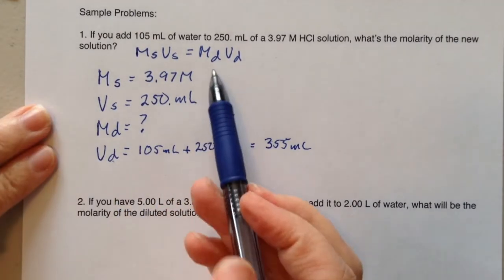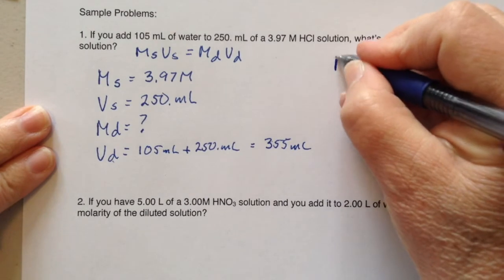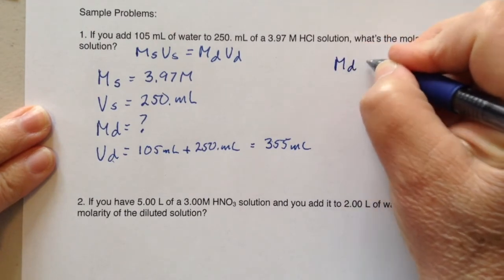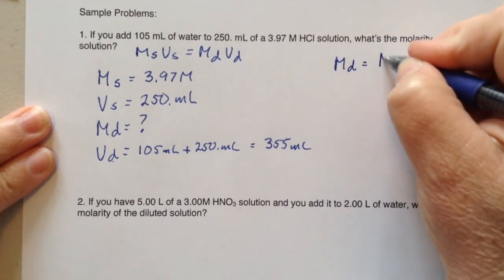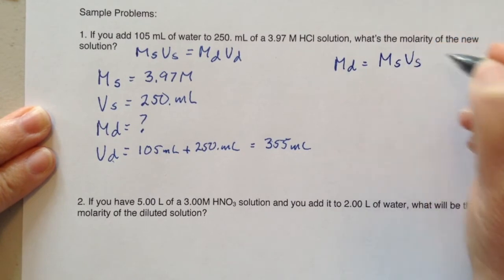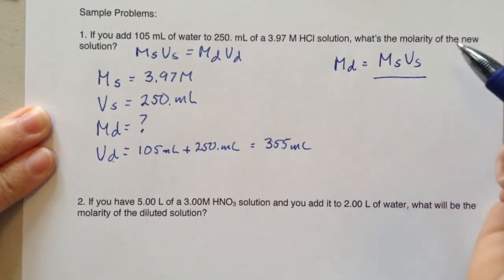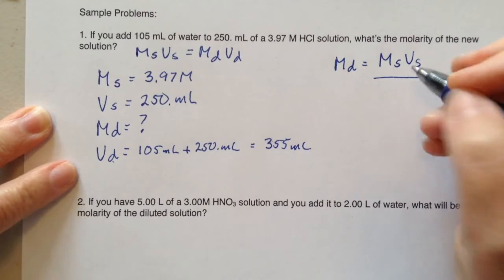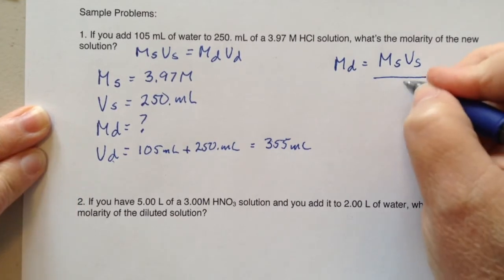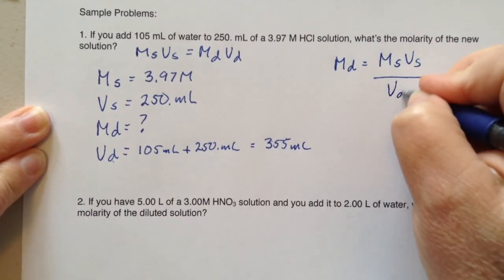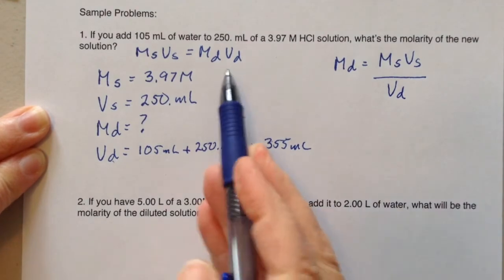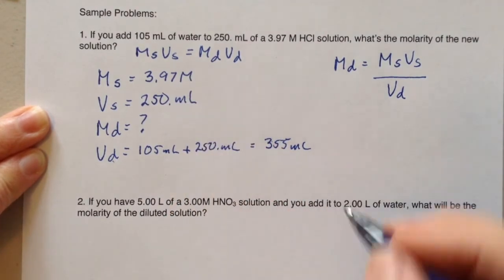So I'm going to rearrange this a little bit just because I think it makes it easier. The molarity of the diluted is going to equal MSVS divided by the volume of the new stuff, of the diluted stuff, VD. So I just rearranged this to make it fit what I want it to be.